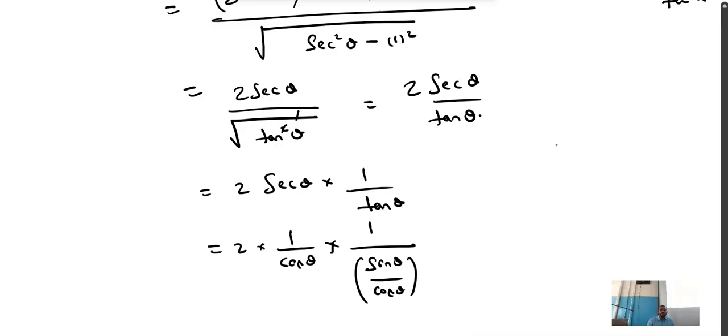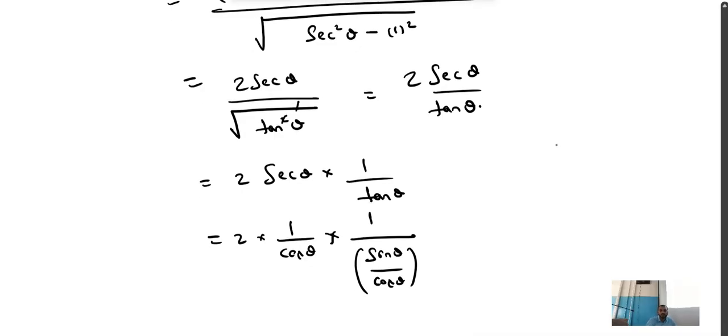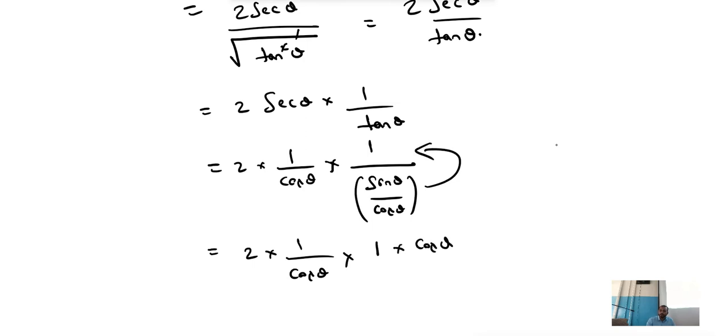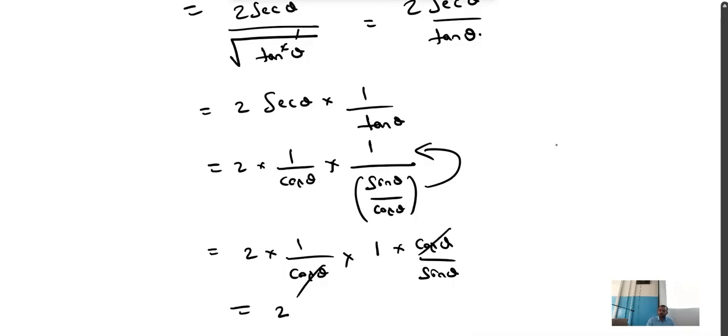Tan is sin by cos. Then 2 into 1 by cos theta into 1 as it is. This comes to the numerator. It becomes into cos theta by sin theta. Now this cos theta get cancelled. 2 into 1 is 2. 1 by sin theta is cosecant theta. So 2 cosecant theta, that is our RHS. Therefore LHS is equals to RHS.